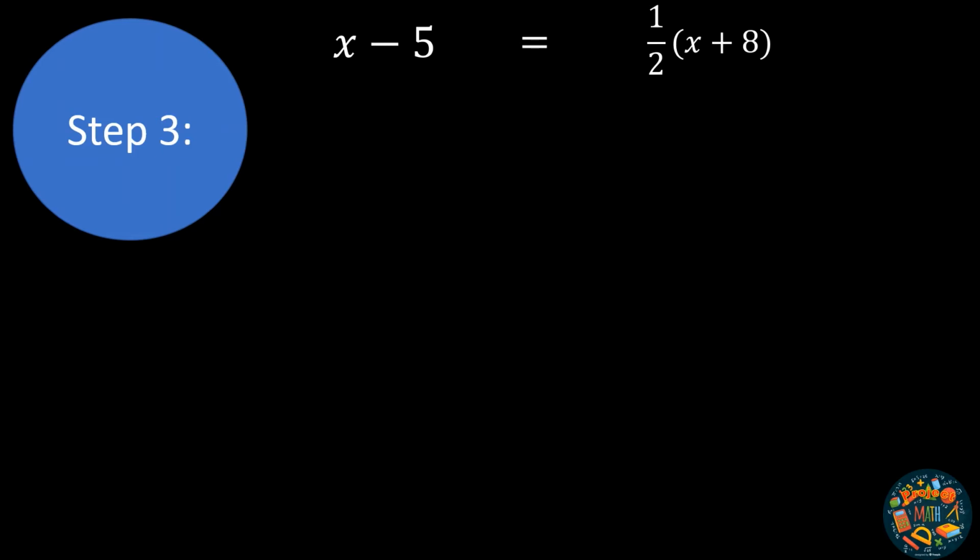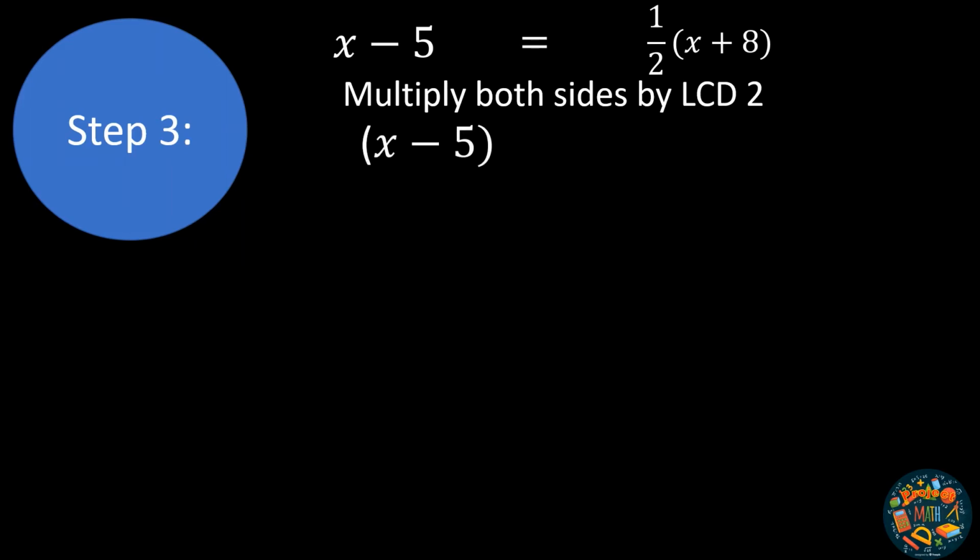So first, we are going to look for the LCD. Since 2 is the only denominator, our LCD is 2. Then, multiply both sides by the LCD 2. So we have x minus 5 equals 1/2 times x plus 8, multiplied by 2 on both sides. So let us simplify.